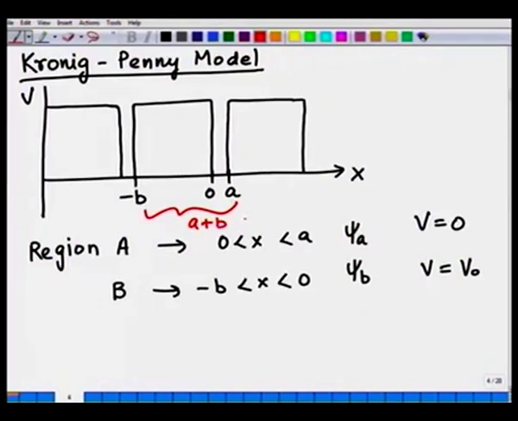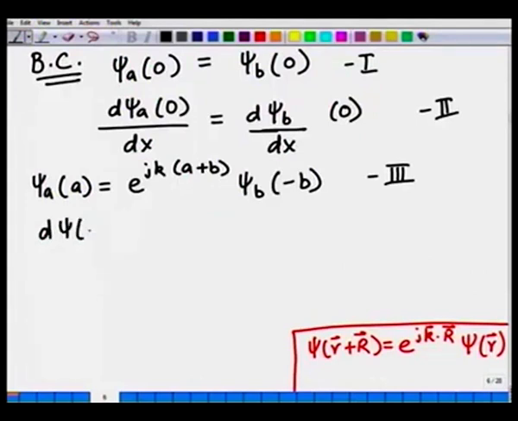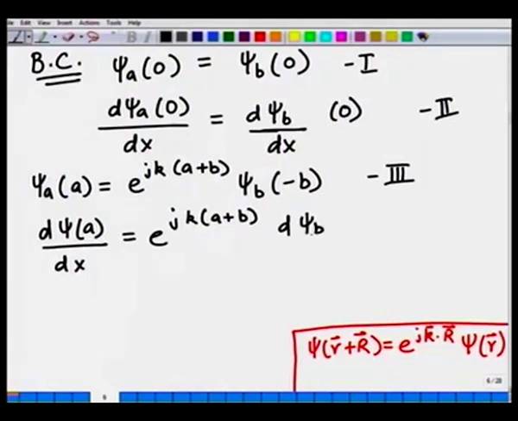And likewise, the fourth boundary condition is dφ_A/dx at a should be equal to e^(jk(a+b)) dφ_B/dx at minus b, of course, at minus b.